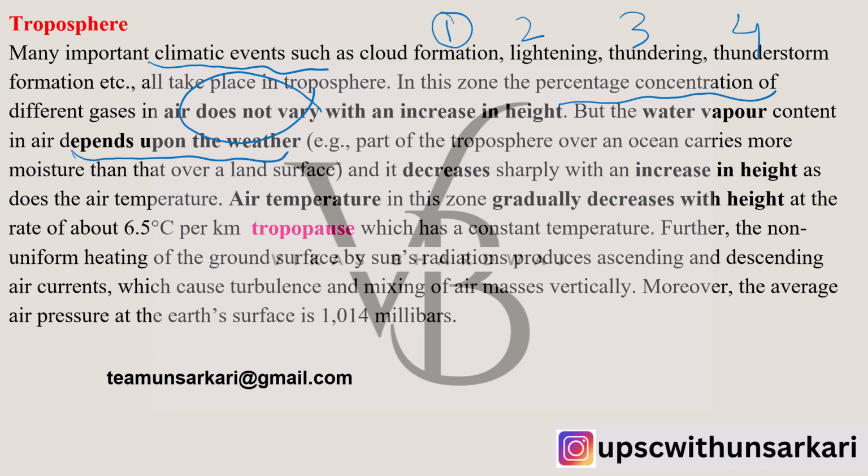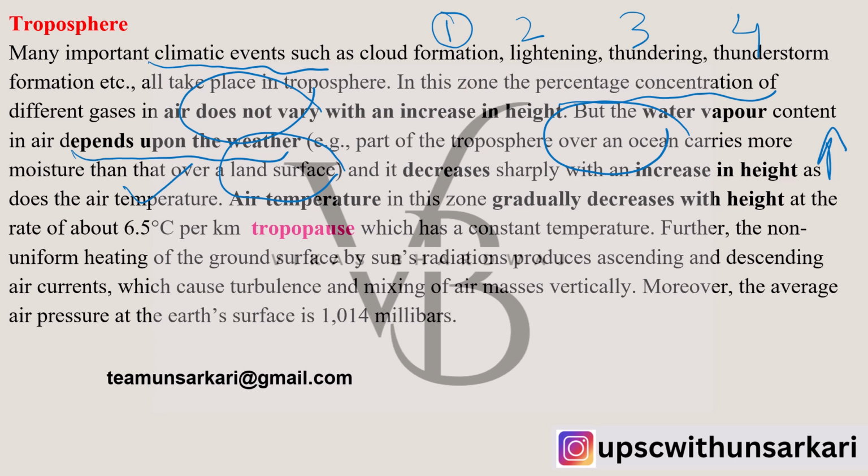So the part of the troposphere over an ocean will be carrying more moisture than the part over a land surface, and it decreases sharply with increase in height, as does the air temperature.